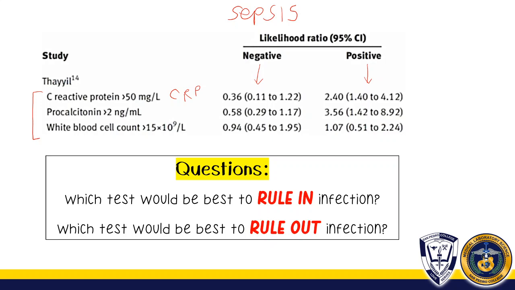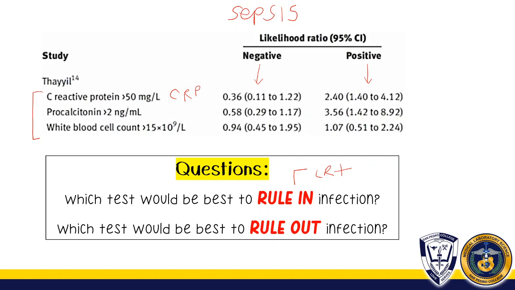So, literal lang ang terms na rule in and rule out ha. Rule in infection na meaning naa siya, ato na infection. Rule out infection meaning para makayunta na wala yun. So, balik ta katong sa interpretation. Diba? Rule in would refer to sa likelihood ratio positive, tama?